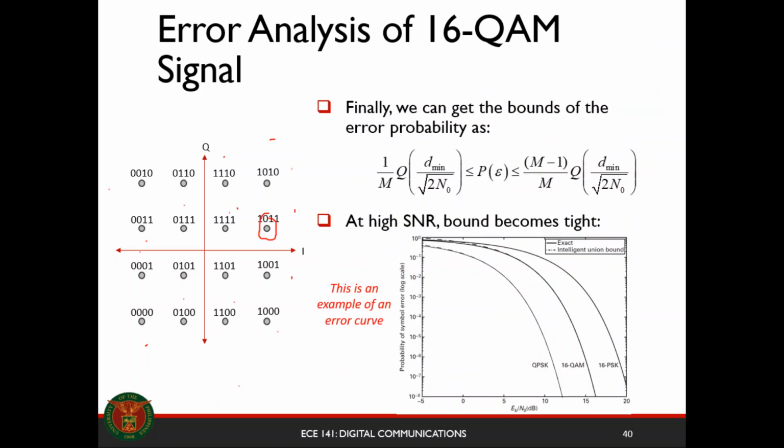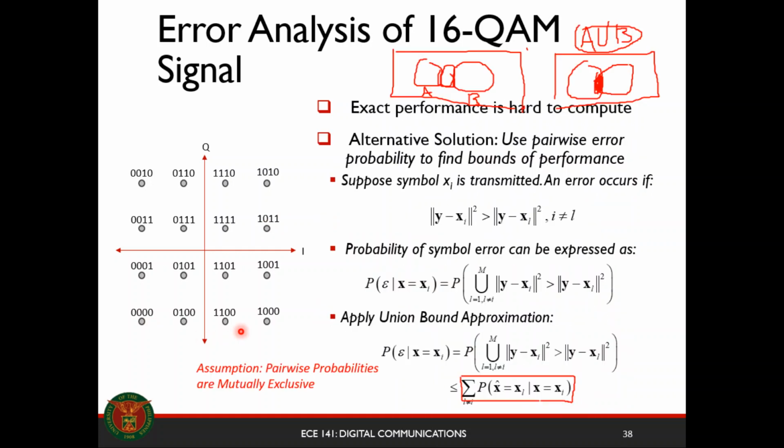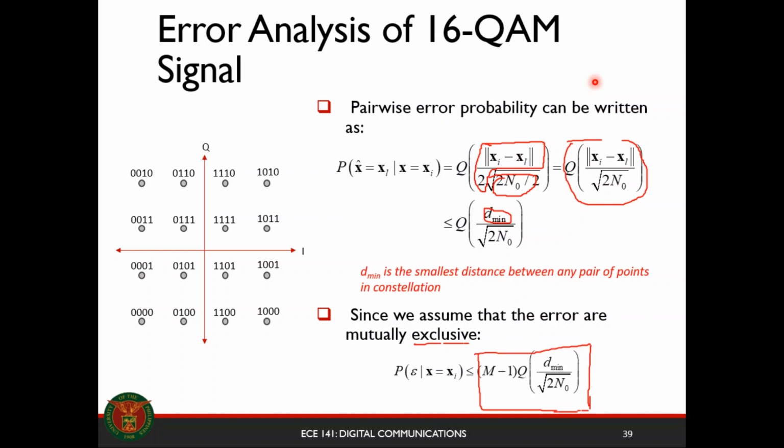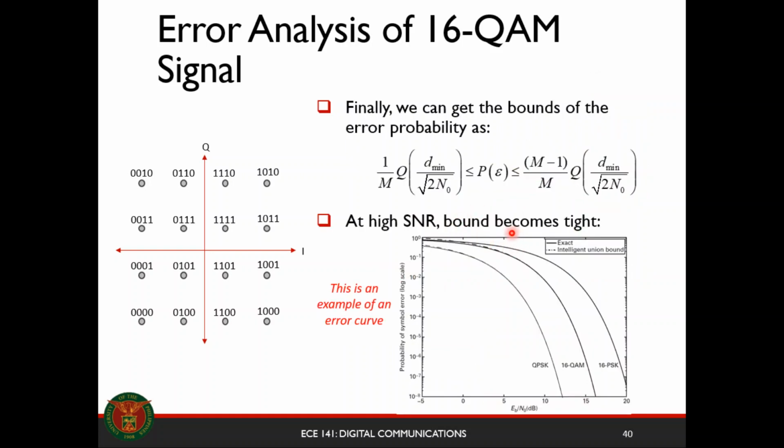But when you have a high SNR, your errors are mostly contained within the vicinity of your symbol. Therefore, the intersection of your two events happening becomes almost zero. Okay, so that's for your QAM signal.